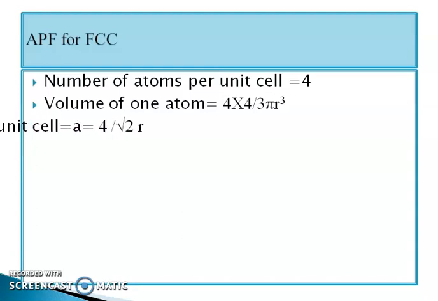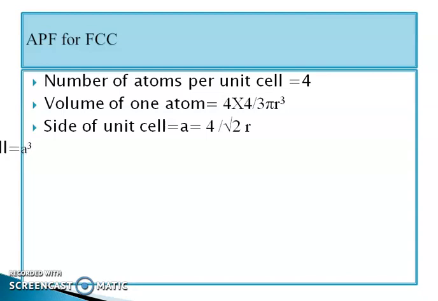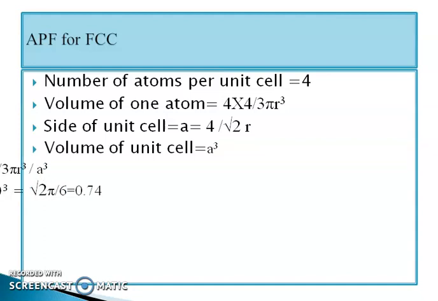But from the previous lecture we know that side of unit cell in case of FCC is A is equal to 4 by root 2 R and volume of unit cell is equal to A cube.